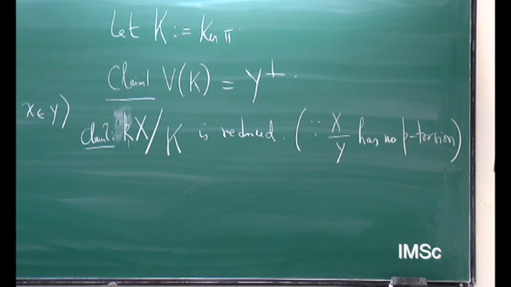Suppose some element belongs to y perp perp, that means it goes to 1 under this map, right? Which means it must belong to y, because as a character it becomes 0, but as a character it cannot become 0 unless it is in y.